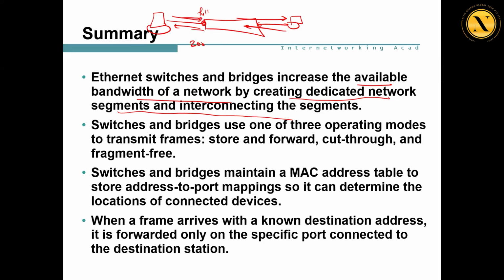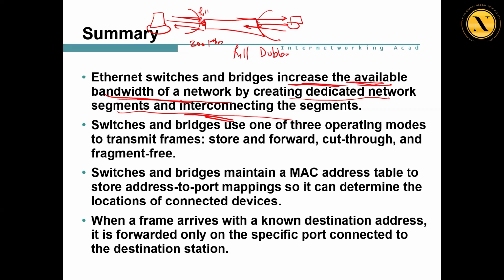So throughput becomes 200 Mbps. Because we are presuming that they're operating on full duplex. This is one dedicated network segment. This is another dedicated network segment. So it is interconnecting the segments and also increasing the bandwidth of the network.